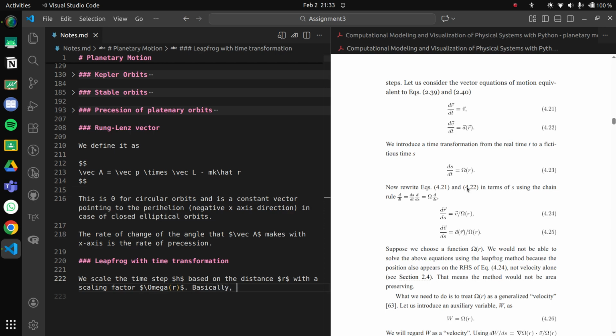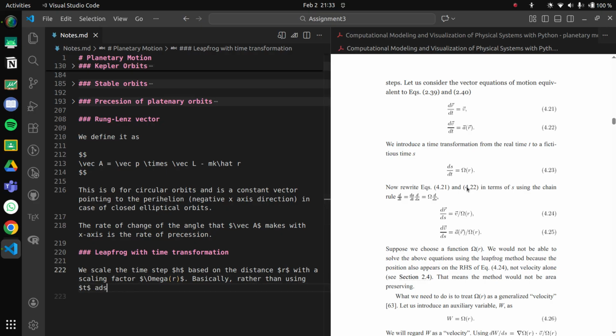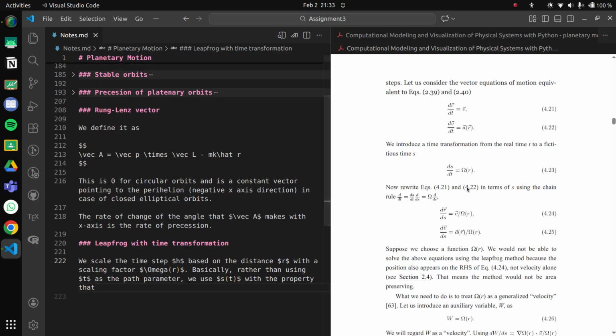Basically, rather than using t as the path variable, so this is like coming straight from multivariate calculus, but okay, as the path variable, like path parameter, we use s of t with the property that ds by dt, so just fraction, which is basically our omega of r. This thing is large when r is small.